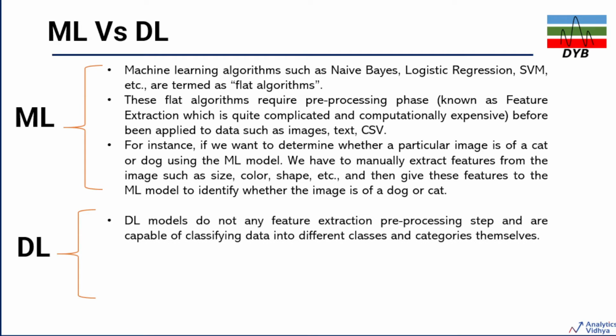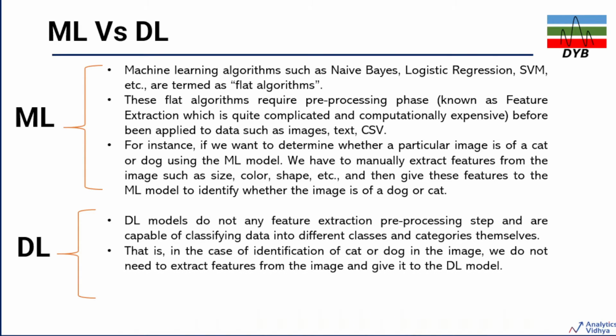Deep learning models do not require any feature extraction or pre-processing steps and are capable of classifying data into different classes and categories themselves. That is, in the case of identifying a cat or dog, or any type of feature you are looking for in the image, we do not need to extract the features from the image and give them to the DL model.